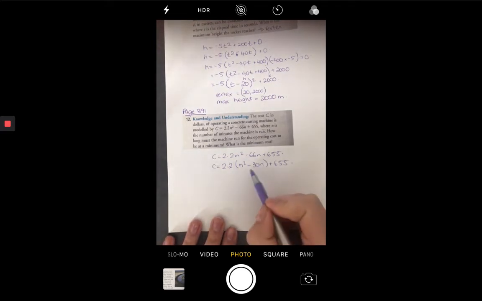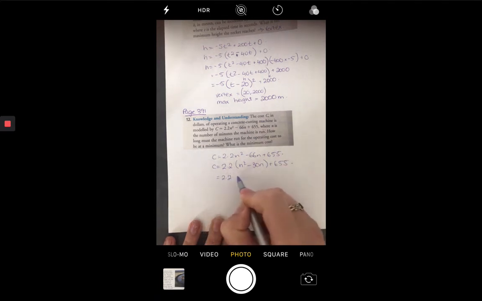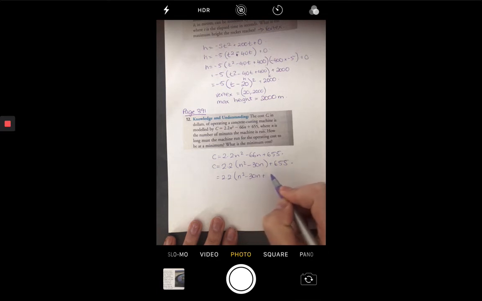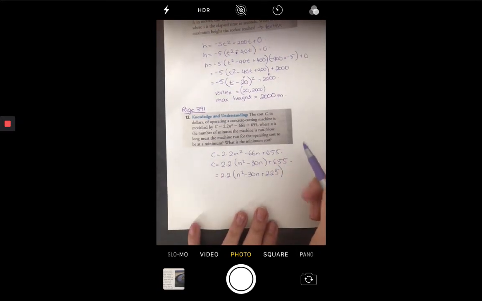We're going to take half of this value here, which would be negative 15, and we're going to square that. So you add 225. Whatever you do inside the brackets, you have to do the equal and opposite outside the brackets.